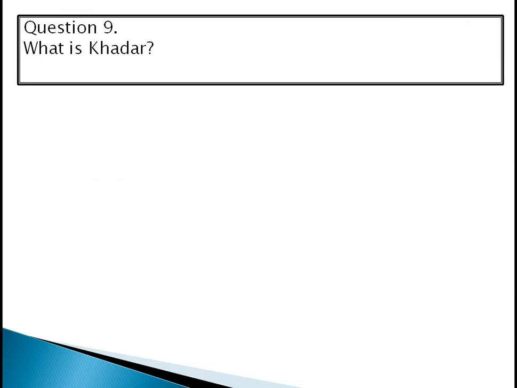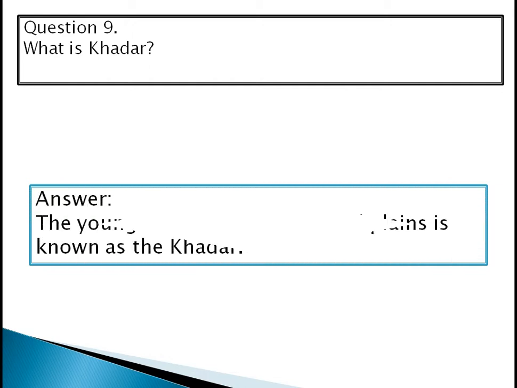Next, moving towards the northern plain. As we have discussed a number of times about Khadar and Bangar, here the question is, what is Khadar? The answer is, the younger alluvium of the floodplain is called Khadar.